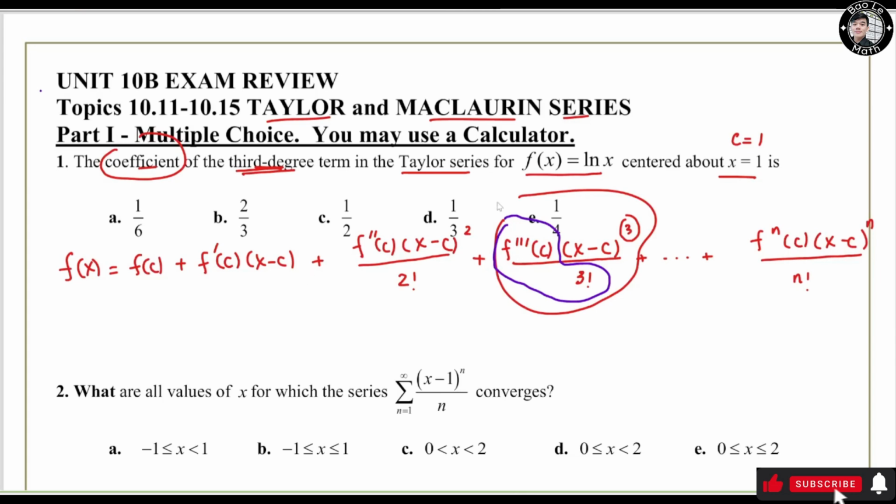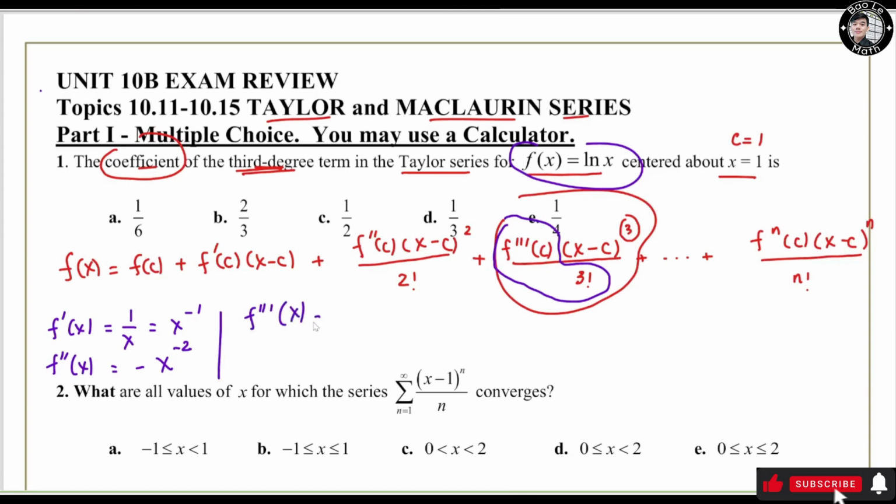So we're going to take the third derivative of this function. We have f prime of s is 1 over s, which is s to the power of negative 1. Now f double prime of s is negative s to the power of negative 2. And f triple prime of s is 2 s to the power of negative 3.